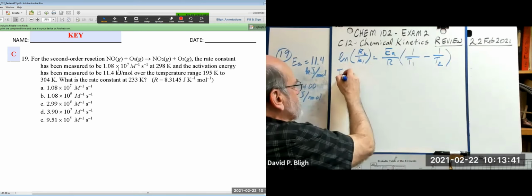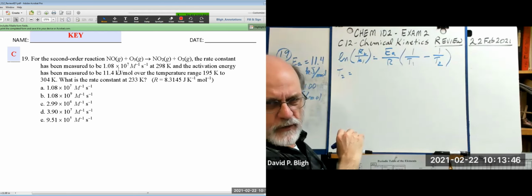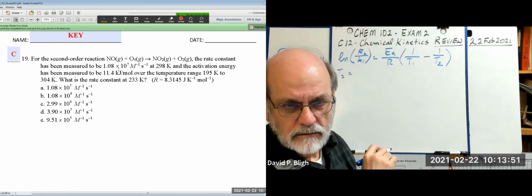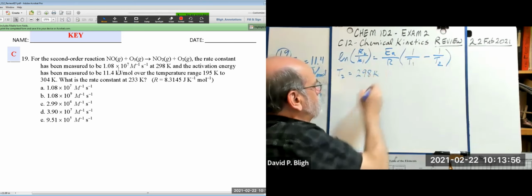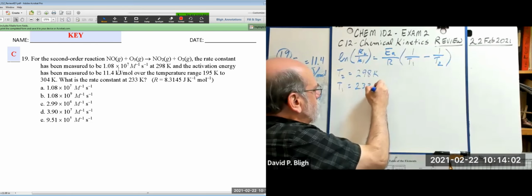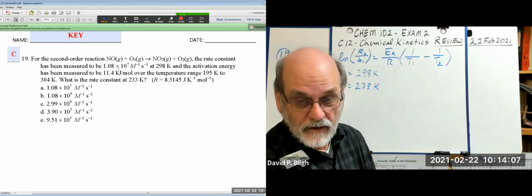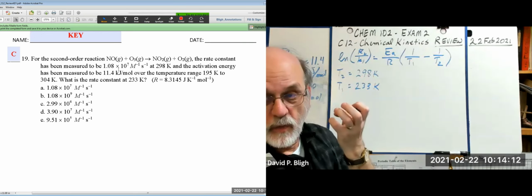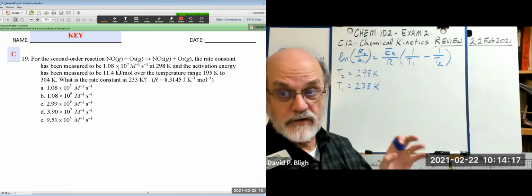So the higher temperature is 298. And the lower temperature is 233. All right. I like to put things up here on the board extracted from the word problem, because word problems, well, I've said it before, they're specifically designed to confuse.